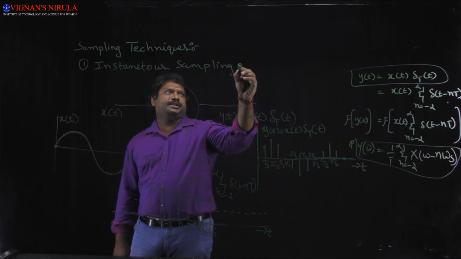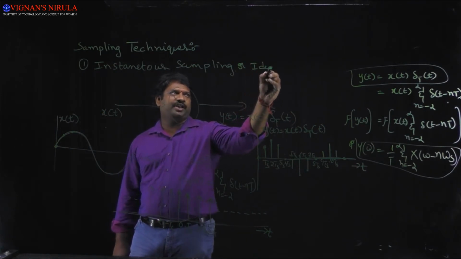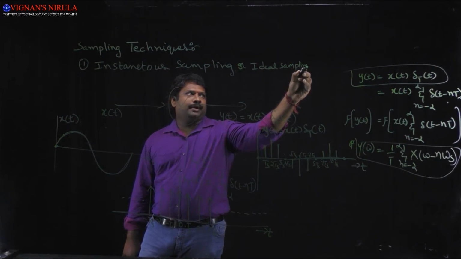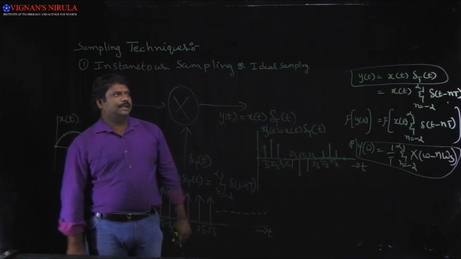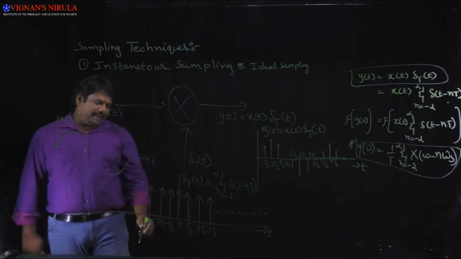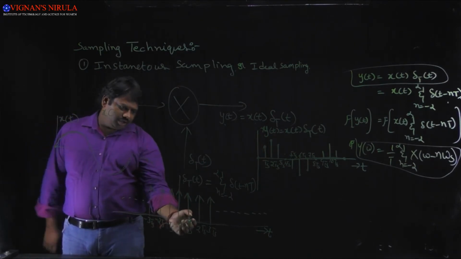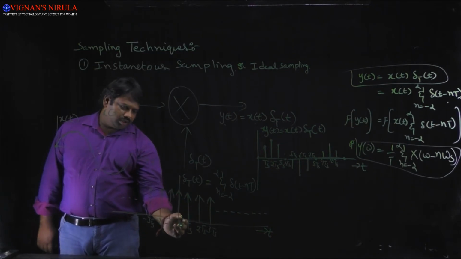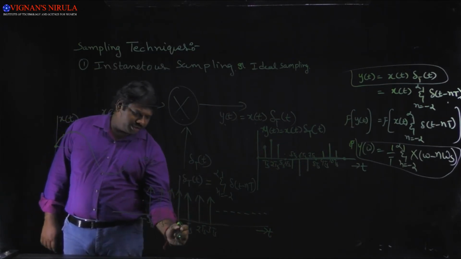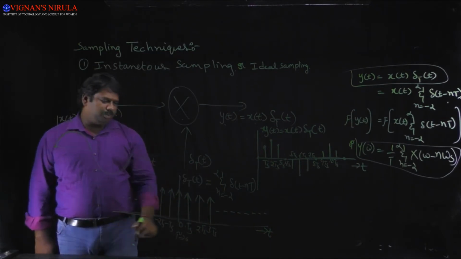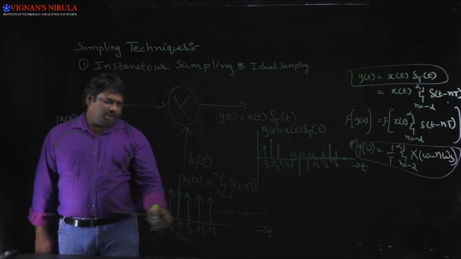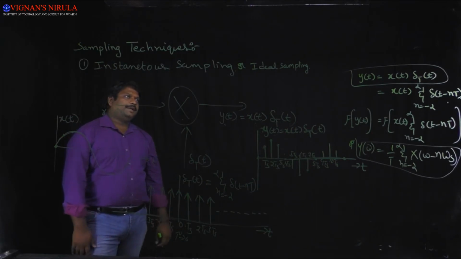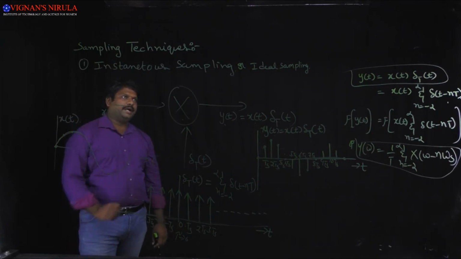This instantaneous sampling is also known as ideal sampling. Why is it called ideal sampling? Here the duration of the impulse is very small, that is, tau tends towards 0. The duration of the impulse signal is 0, tau tends to 0, an ideal impulse, and that's why it is called ideal sampling.